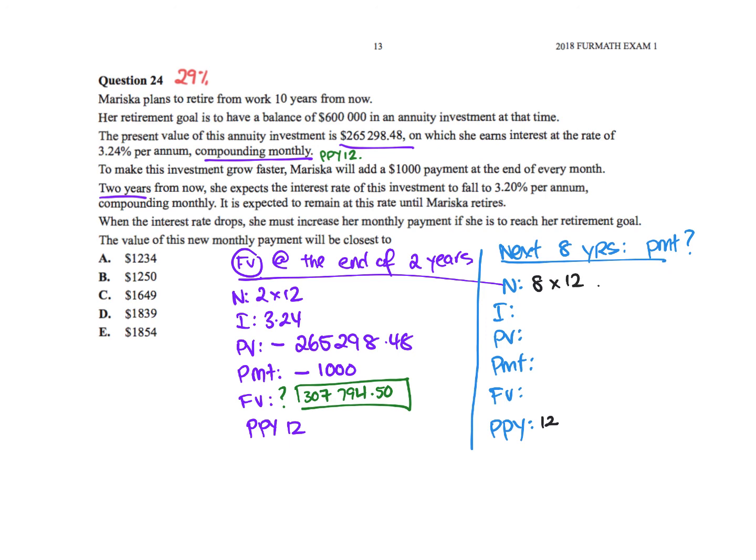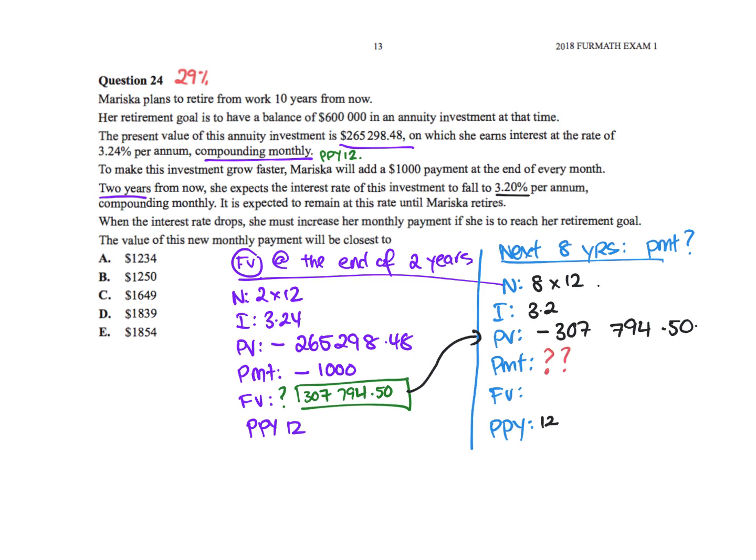The interest rate changed, so we write 3.2. That's why we're doing the change. And for the PV, we're pretending we're starting again for this next 8 years, so the final value that we've got is going to be my new PV. I've put that in, negative 307,794.50. Now payment's the question, so that should be the only one blank.